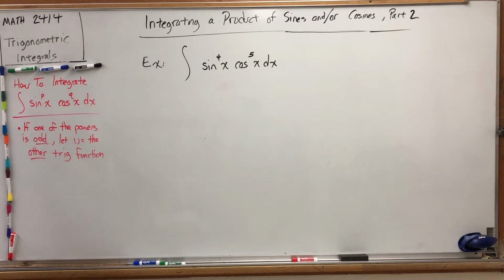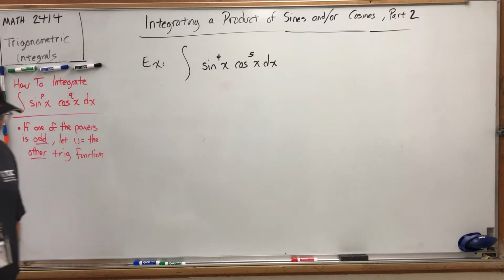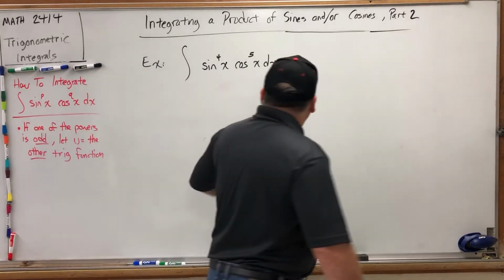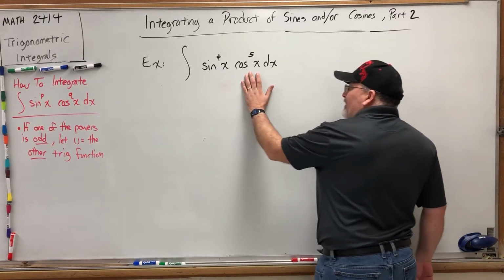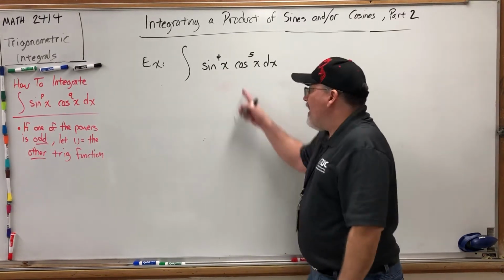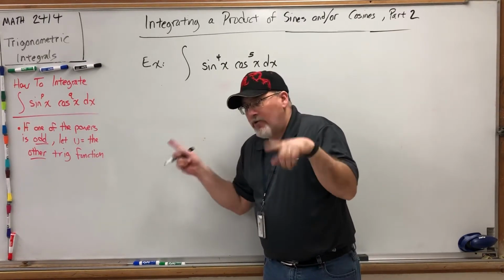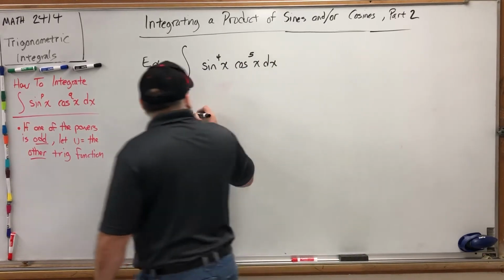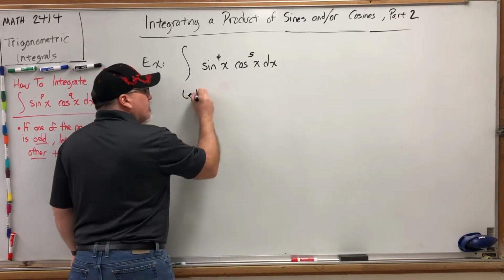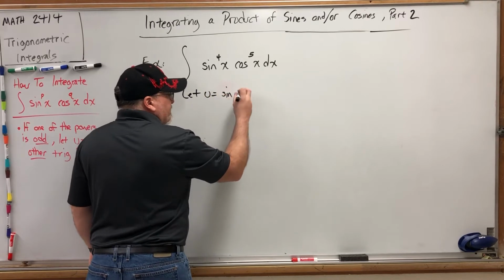By the way, as usual, you're always invited to pause the video and try to beat me to the answer, and then resume the video and see if we get to the same place. According to the strategy, if one of the powers is odd, you let u equal the other trig function. One of the powers is odd, cosine, so we're going to let u equal the other trig function. Not the other trig function with its power, just the other trig function. So we're going to let u equal sine of x.